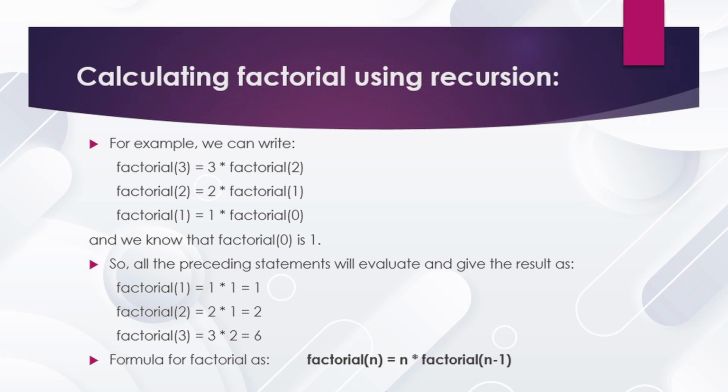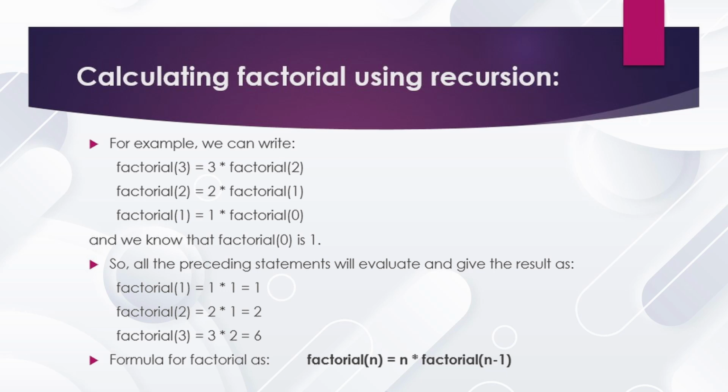For example, we can write that factorial of 3 is 3 into factorial of 2. Similarly, factorial of 2 is 2 into factorial of 1. Again, factorial of 1 is equal to 1 into factorial of 0. And we know that factorial of 0 is 1. So, all the preceding statements will evaluate as factorial of 1 is equal to 1 into 1, which gives us 1.